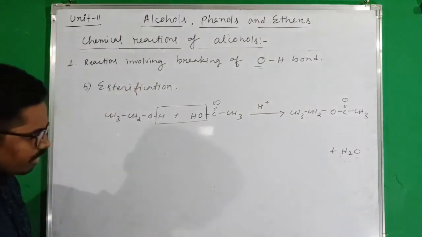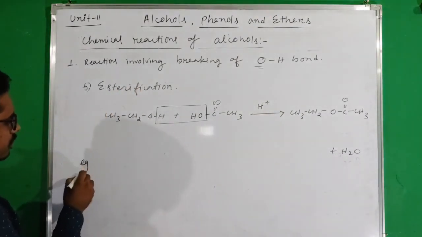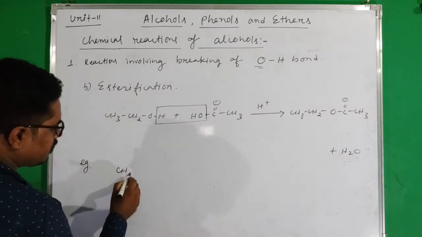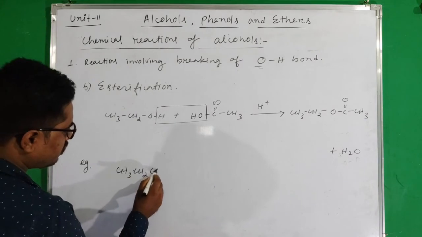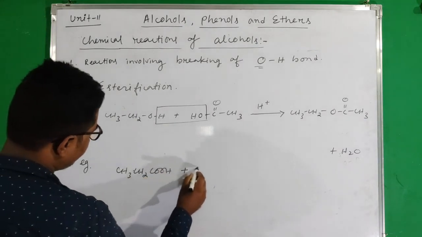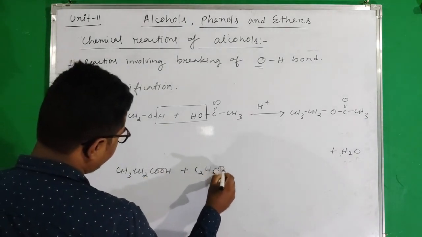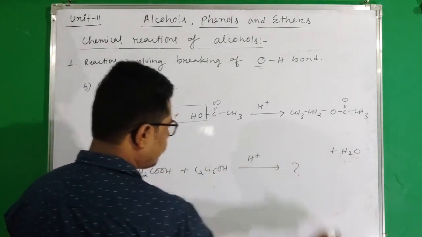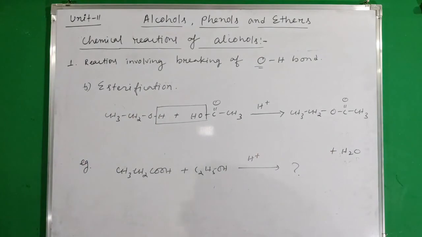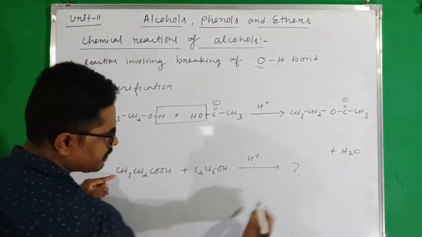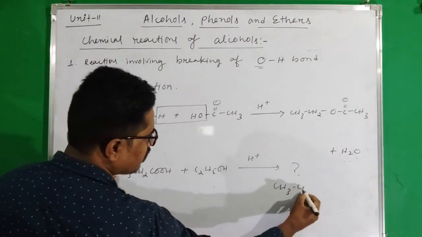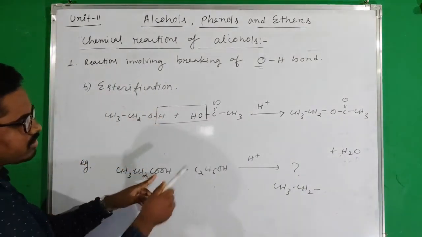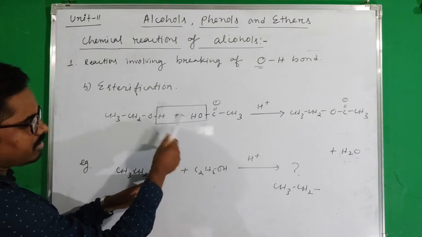Okay, so we are taking another example. Suppose this reaction CH3CH2COOH reacts with C2H5OH in presence of an acid. What is the product? So the product is CH3CH2CO, because in case of carboxylic acid the OH group was left.